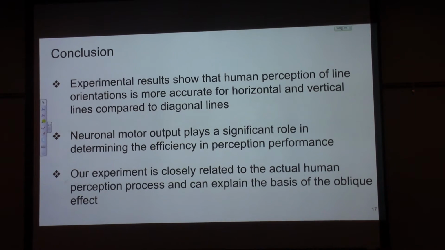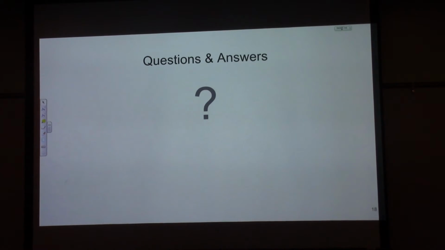Previously, people had no idea what the origin of the oblique effect was, and they found out that the oblique effect is something that happens inside the visual cortex of the human brain. It is not caused by some impairment of the visual sensor. That's it.